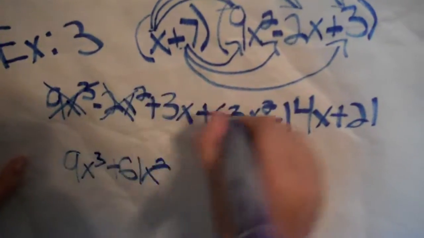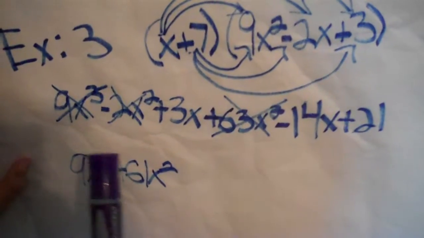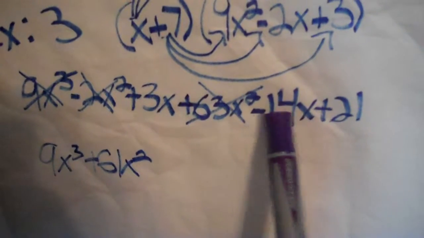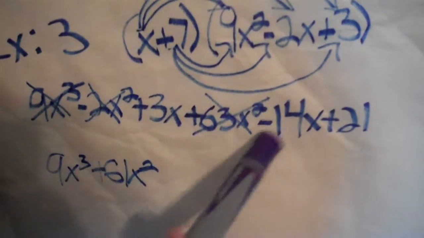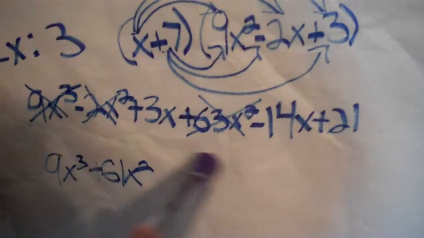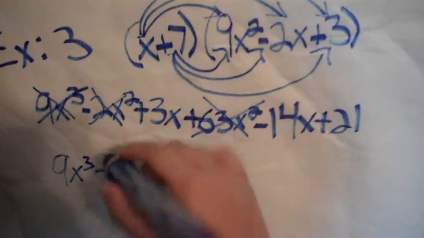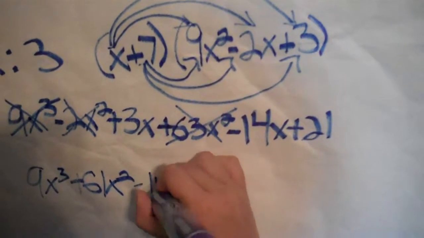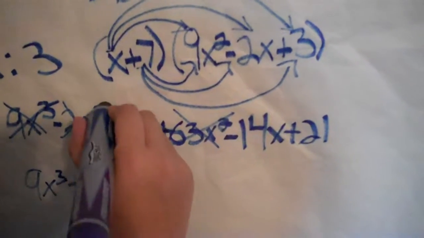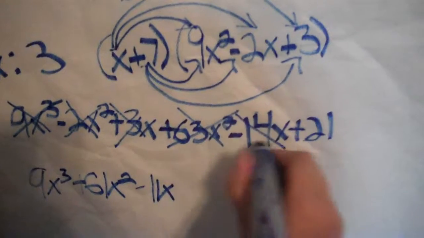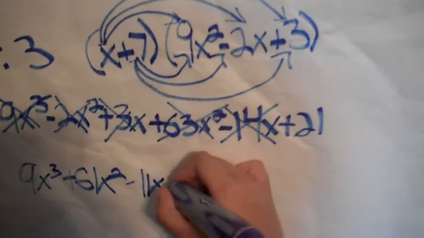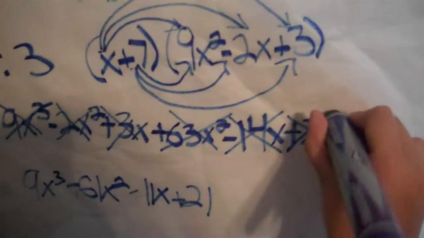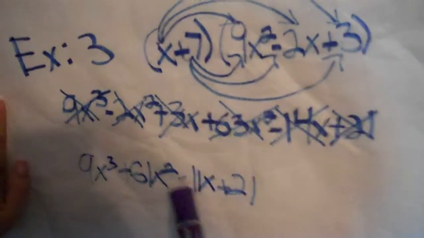Cross that out to make it easier. And we have 3x next, so negative 14x is the like term. So 3x minus 14x is negative 11x. And 21 is left by itself. And that's the short problem we have now.